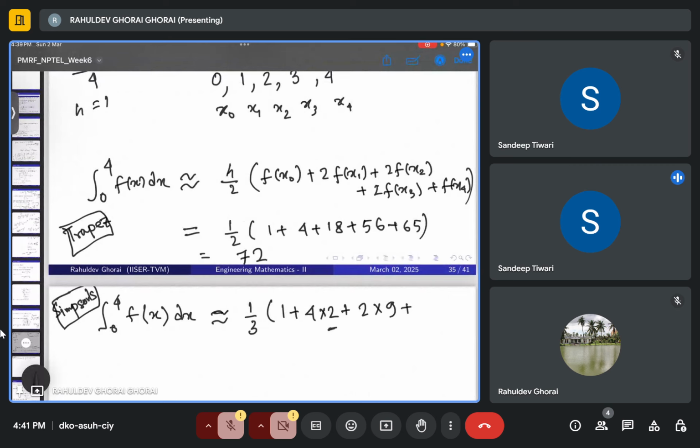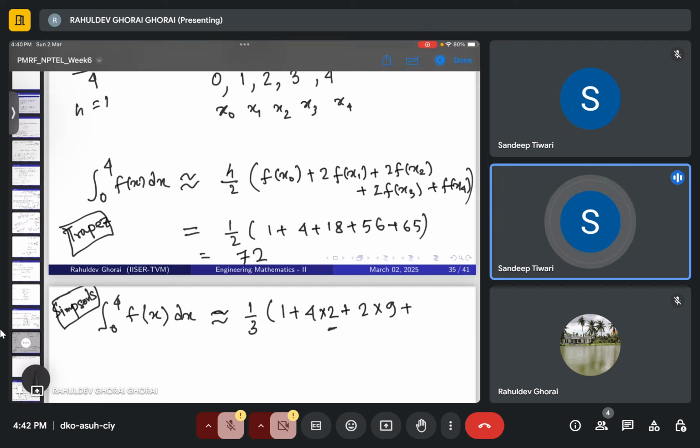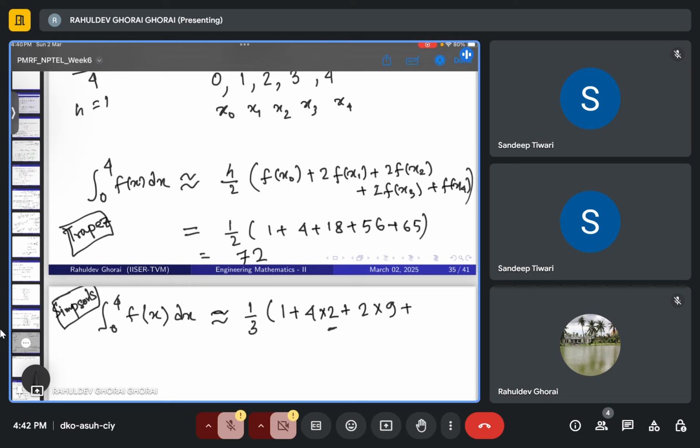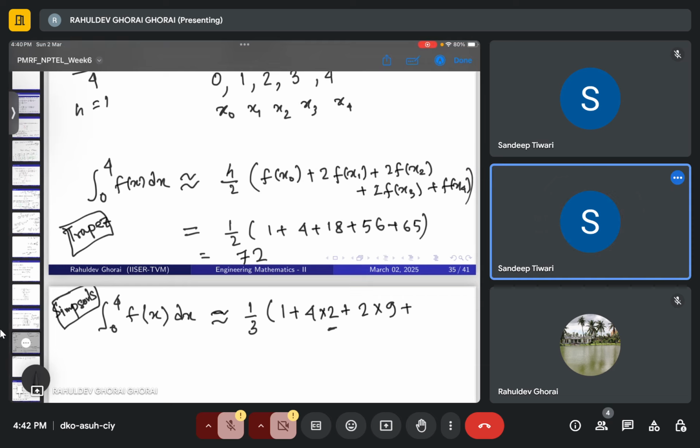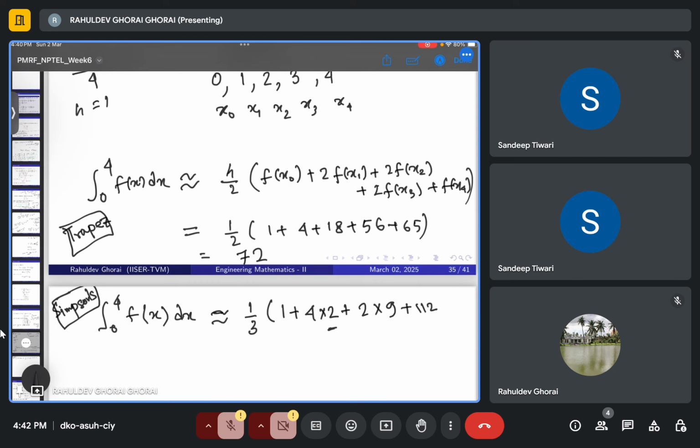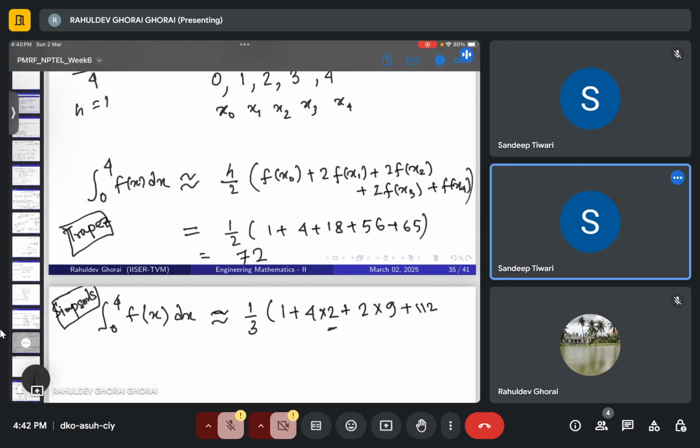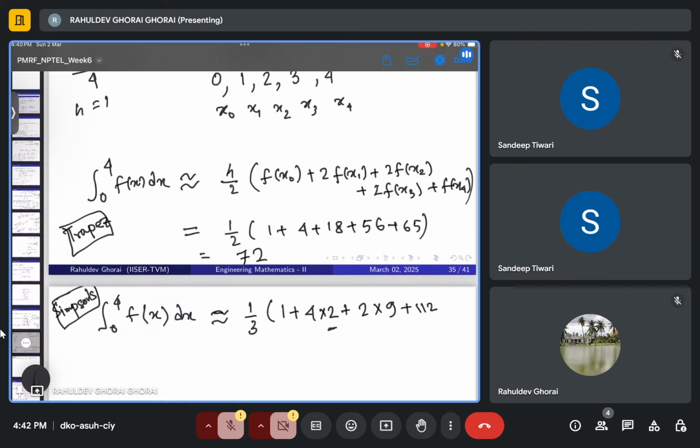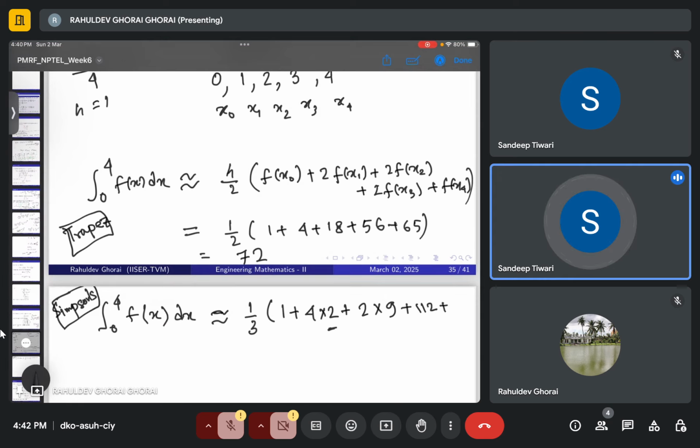Plus 4 times f of x3, 4 times 28, which is 112. And f of x4, the last one, stays just as it is, 65.